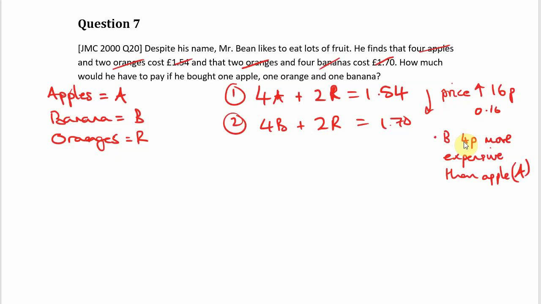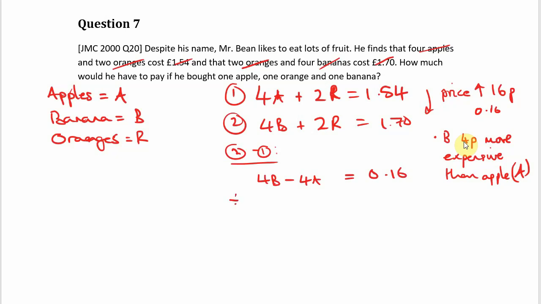I'll show you how we could find that out kind of algebraically if we weren't quite sure on what I've just done there. So I'm going to do equation 2 subtract 1, and that is to eliminate this r. So that's going to be 4b subtract 4a equals to 0.16. So you can see that's where my 16 pence has kind of come from.